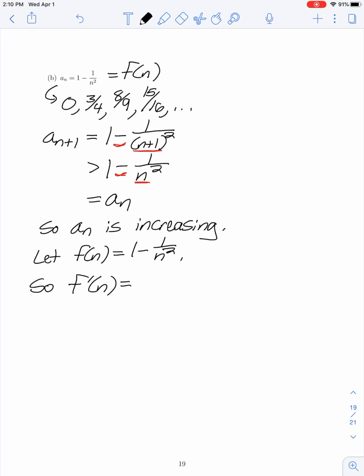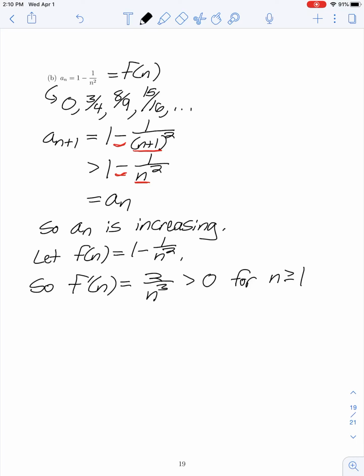If we define f of n as 1 minus 1/n squared, and we take the derivative of this function, f prime of n, we would have 2/n cubed.